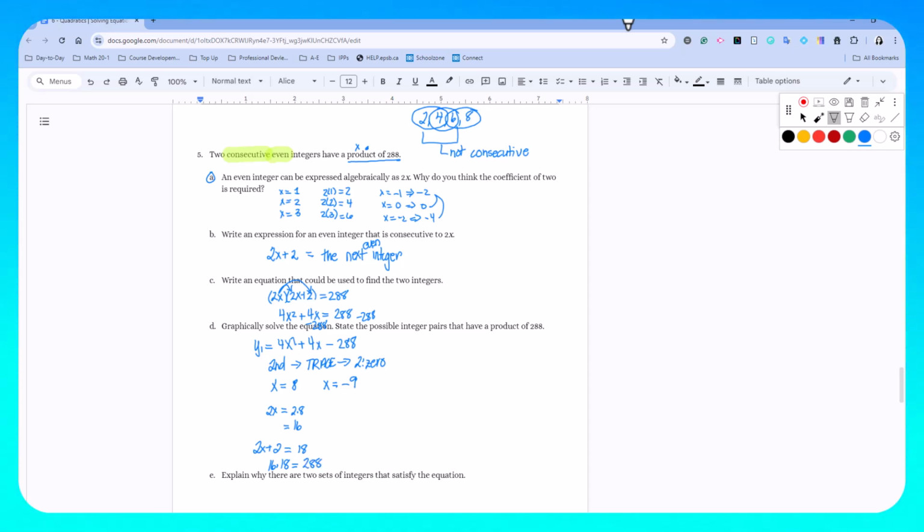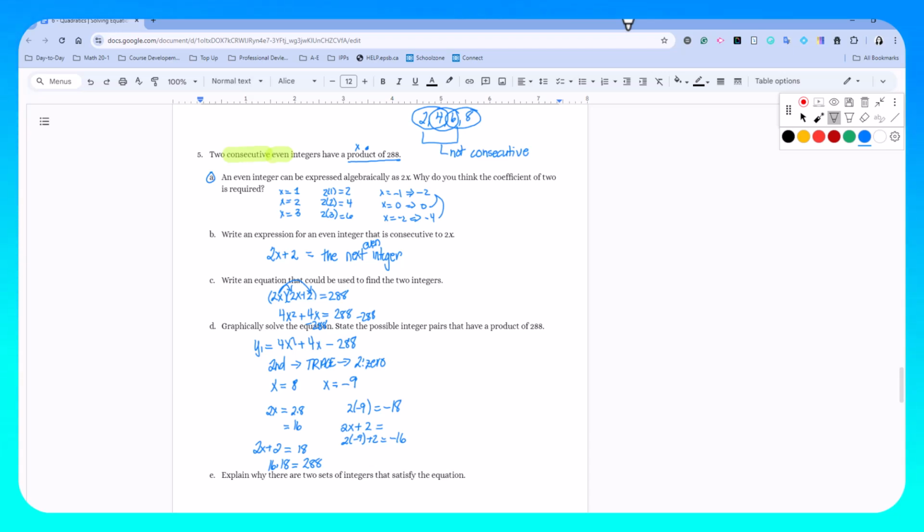Well, let's look at this second solution. We got 2 times -9. Well, that equals negative 18. The next number would be 2x plus 2, or 2 times negative 9 plus 2, and that equaled negative 16.